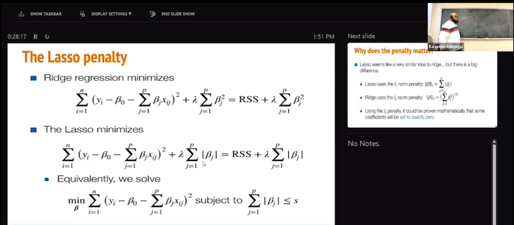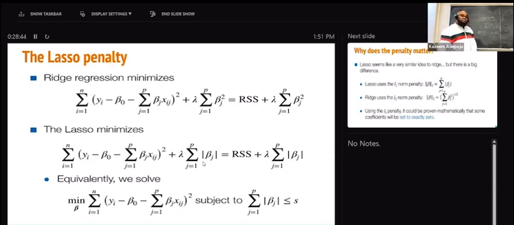If I'm talking about the difference between 5 minus 2 and 2 minus 5, if I look at the square, they are the same. Right? They are the same. Ridge is using that. If I want to use absolute value, is it not?